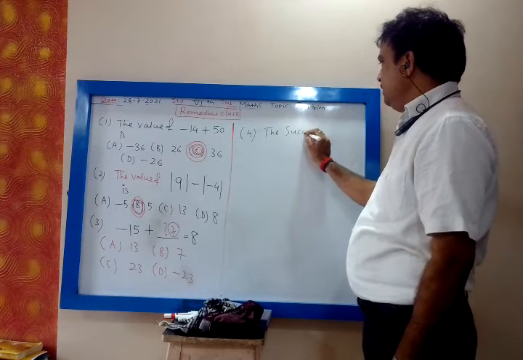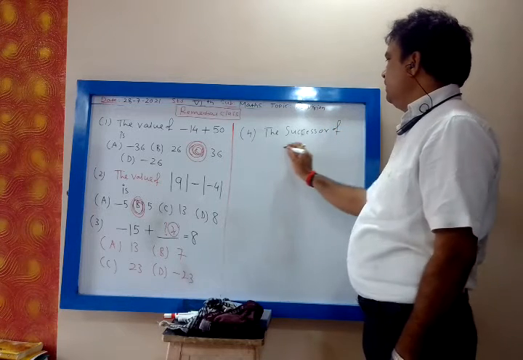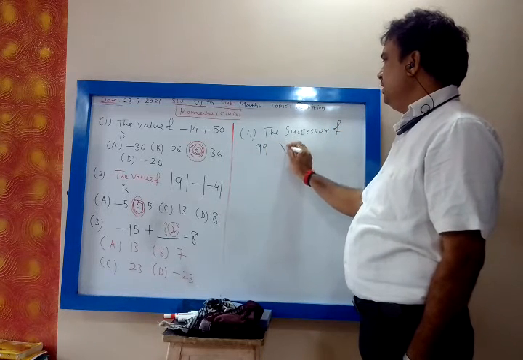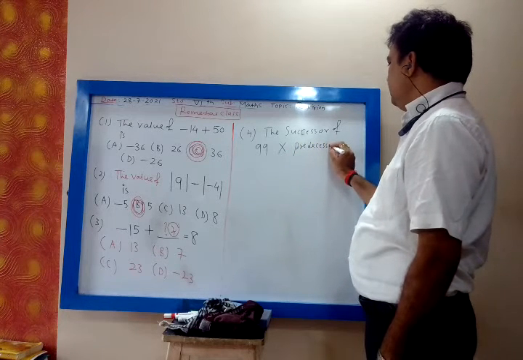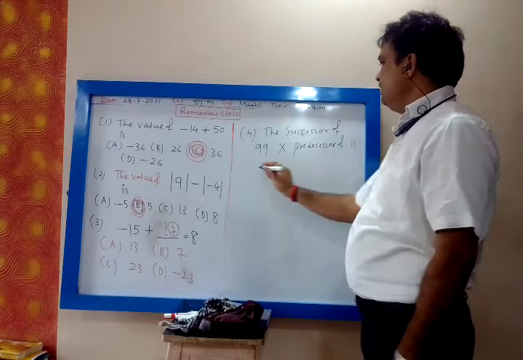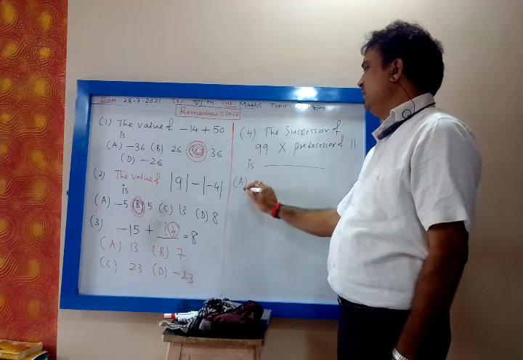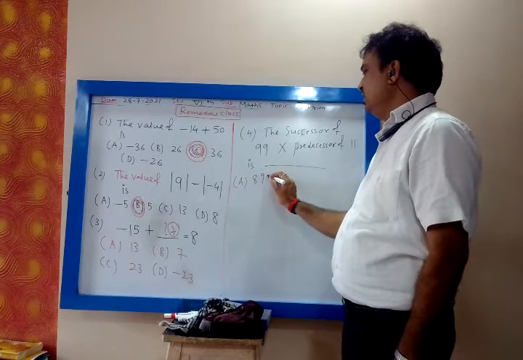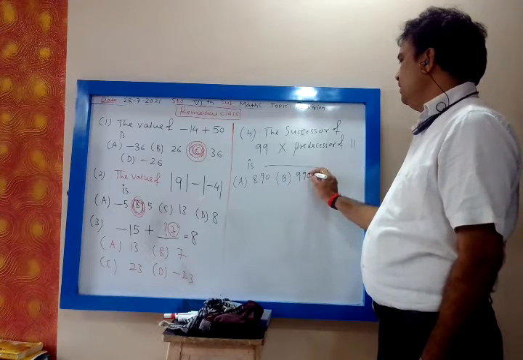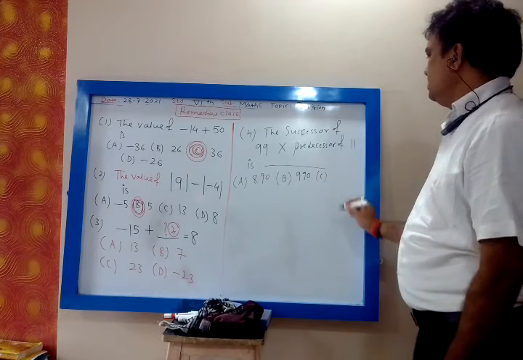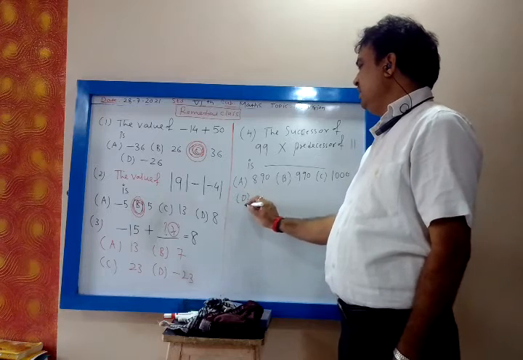Then the fourth one: the value of the successor of 99 multiplied with the predecessor of 11 is: option A 890, option B 990, option C 1000, option D 100.